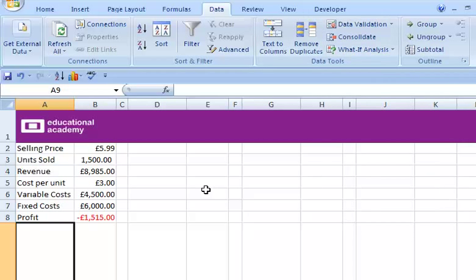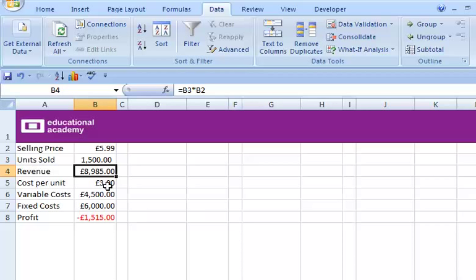Okay? We have a set of costs associated with selling a product and making that product. Our product is going to cost £5.99, and our projection is that we will be making and selling 1,500 of them. And that will generate for us a revenue of £8,985.